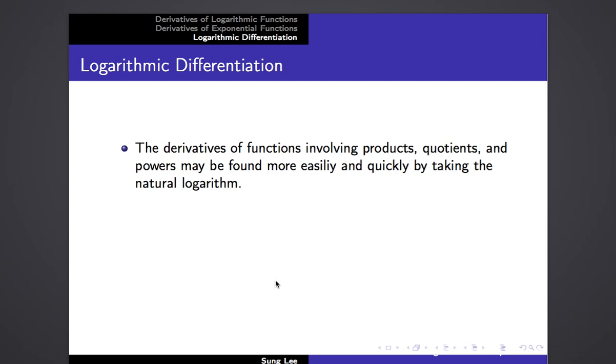That process makes the whole differentiation much easier in many cases and also quicker to calculate. So that's the idea of logarithmic differentiation, and I'm going to show you how it works using a couple of examples.